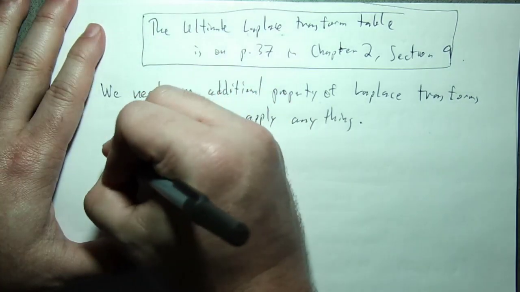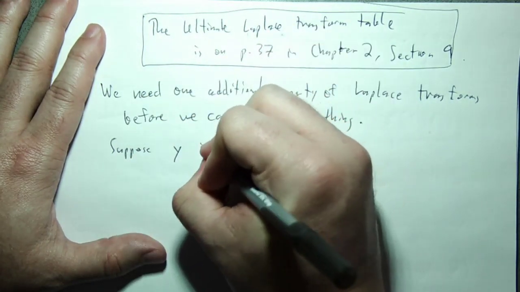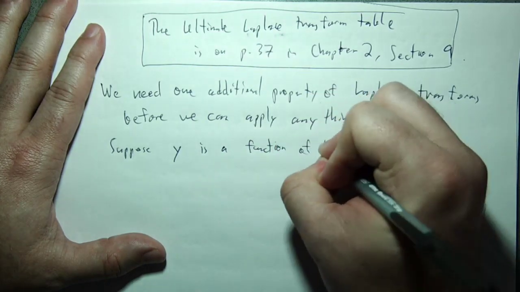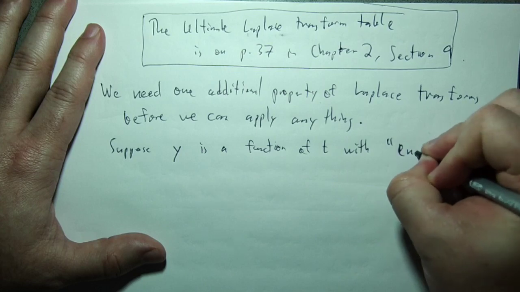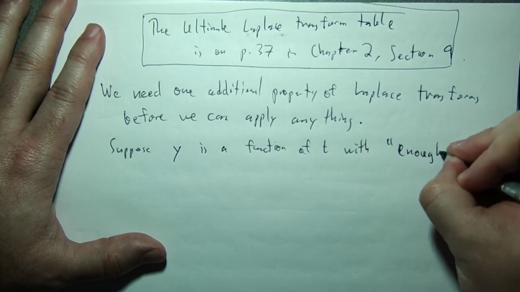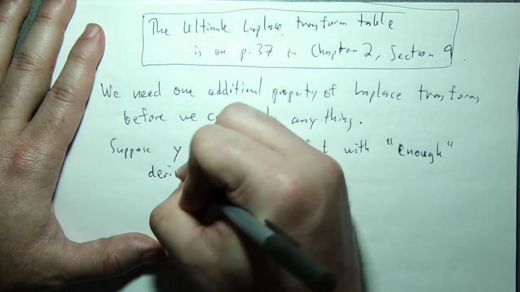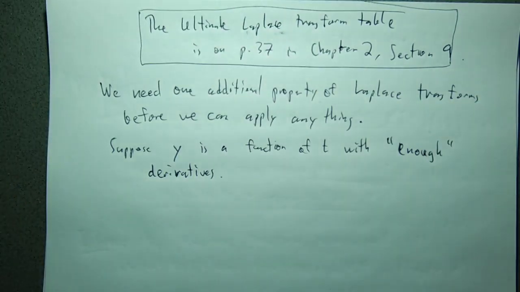So suppose y is a function of t with enough derivatives. And what I mean by that is it has enough derivatives so that the expressions I'm going to write out make sense.